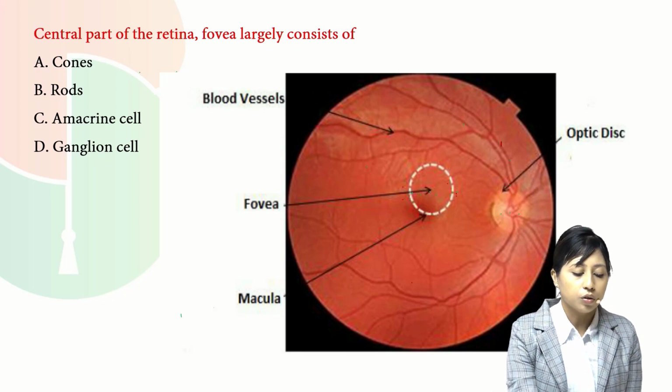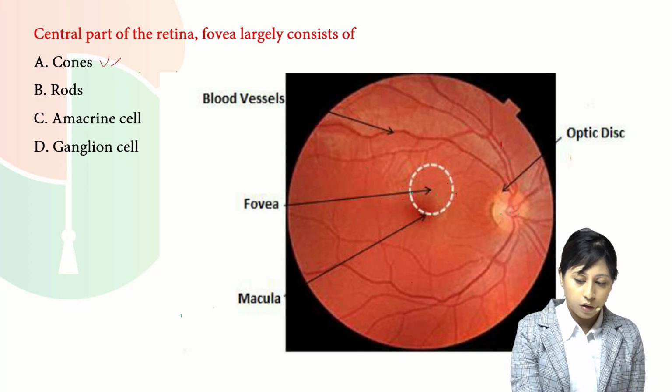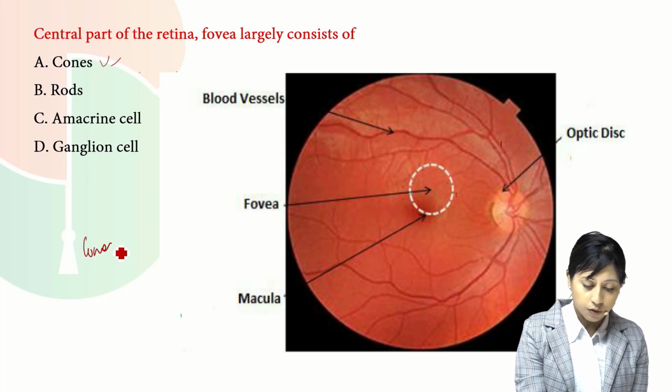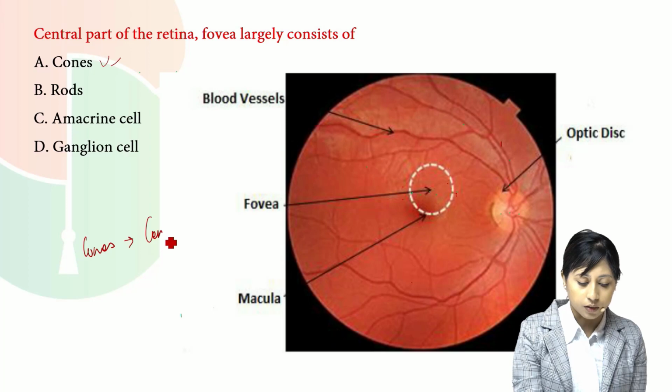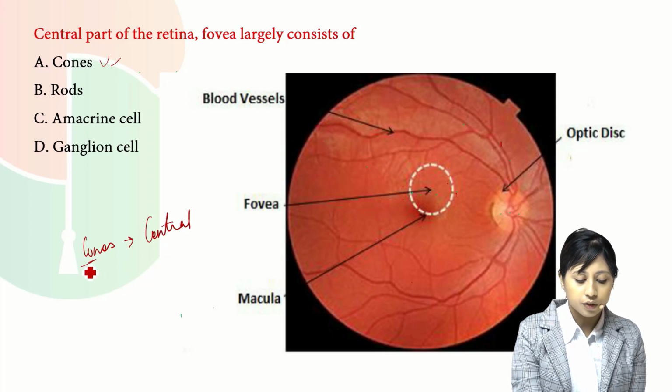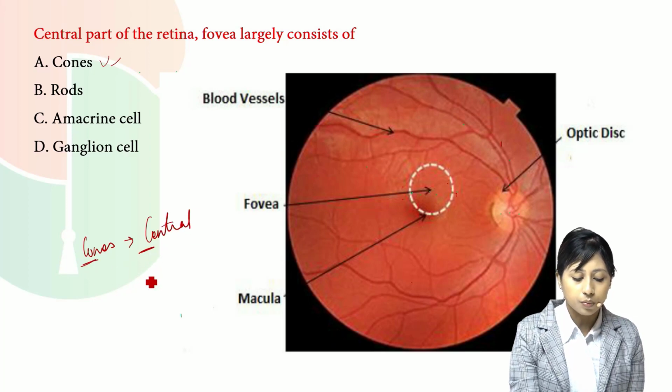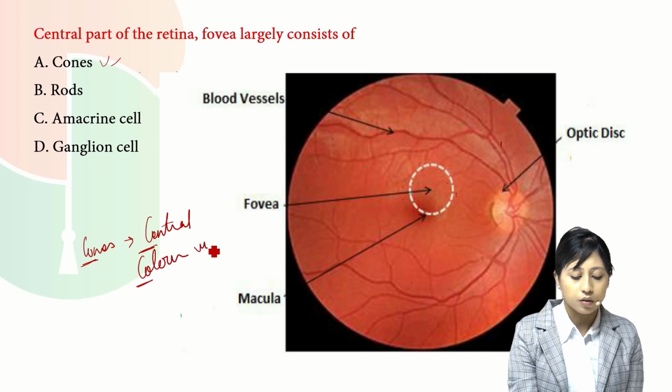So in our options, cones. What are cones? Cones are responsible for central vision. So C for C, and they are also responsible for color vision. You can easily remember.